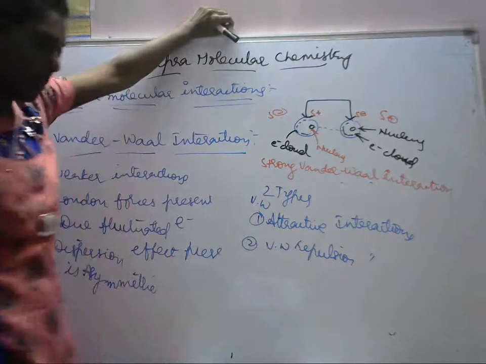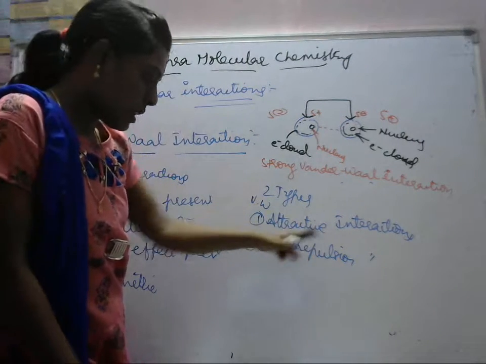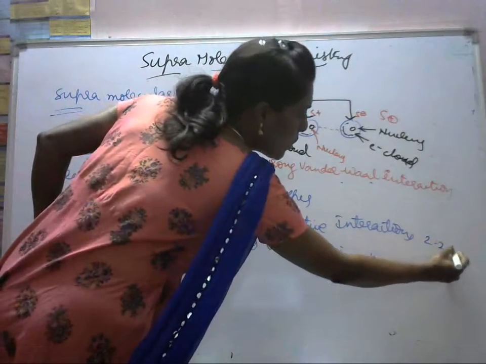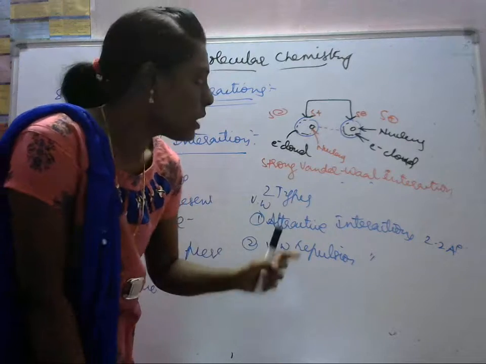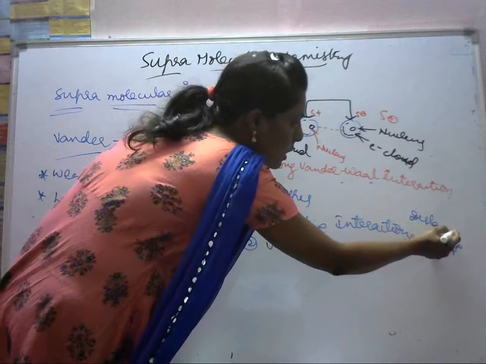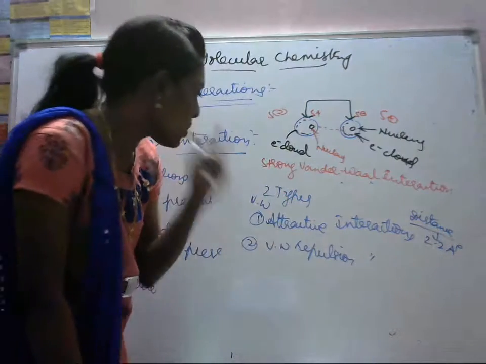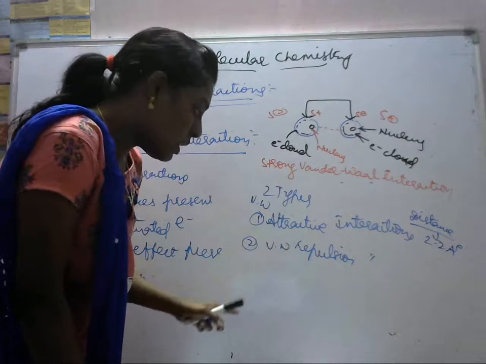Okay, so what is the distance between atom to atom or molecule to molecule? If they are separated by about 2.2 angstrom units, then it is called van der Waals attractive interactions.